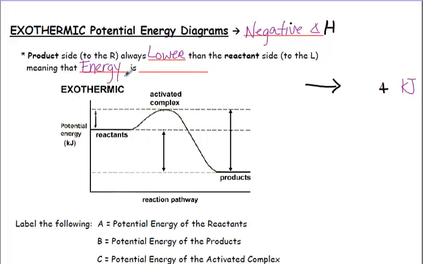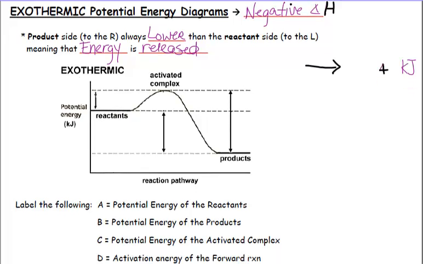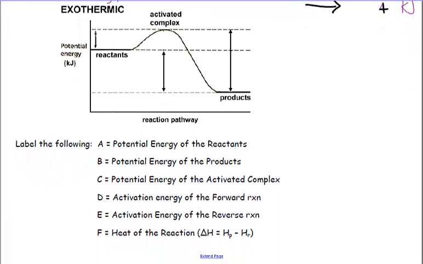Okay, so now look, our products are now lower than our reactants. It's the opposite. So the points are actually going to be the same for this, but the amounts would be different. So potential energy of the reactants would be at point A, potential energy of the products down here. The activated complex is right at that point, so we'll put C. That's the potential energy of the activated complex.